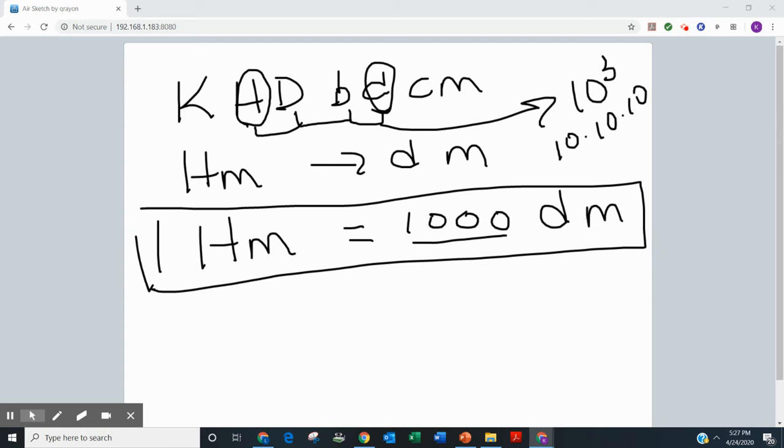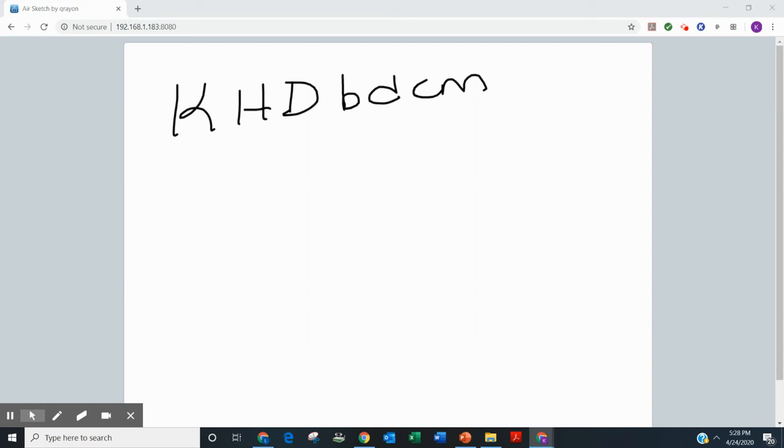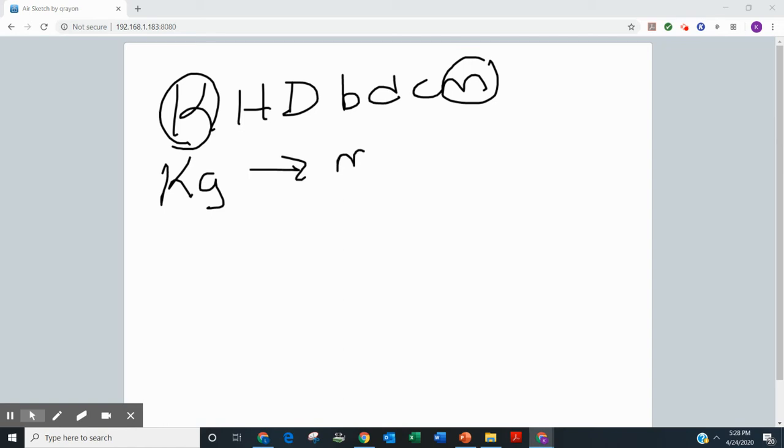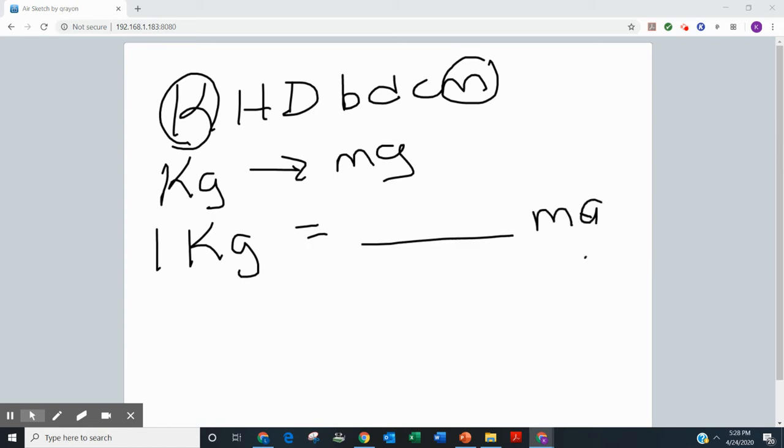Let's try one more. So let's say I want to go from kilograms to milligrams. I know that there's 1 kilogram in some number of milligrams, and I know there's going to be a lot here. So I'm going to look at how many times I have to count over and use that as the number of tens I'm going to multiply by each other.